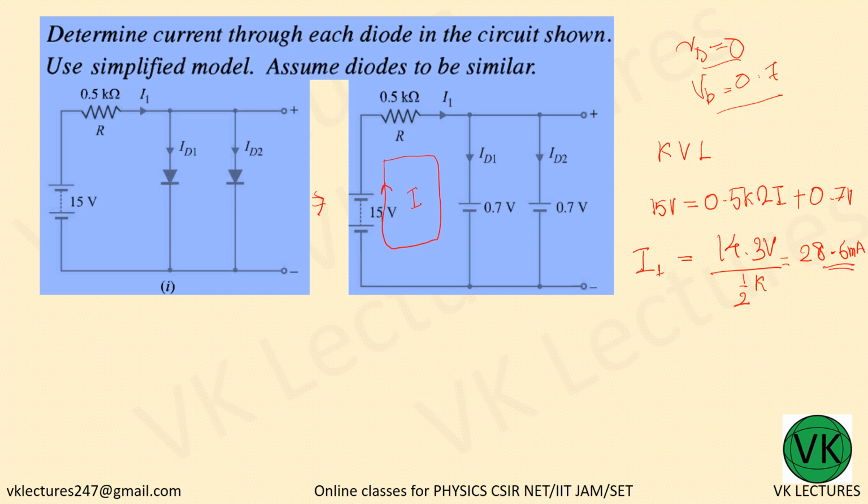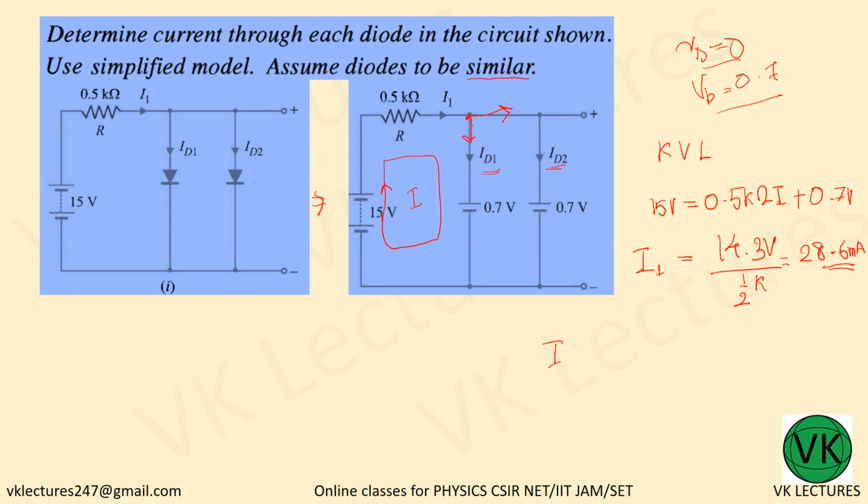Now at this point I1 splits into two currents, ID1 and ID2. Since both diodes have the same characteristics, that is why we have used the term similar. If they were not similar diodes, then the current through each diode would be different depending on the resistance offered by the diode. Since they are similar, both the currents ID1 and ID2 will be the same.